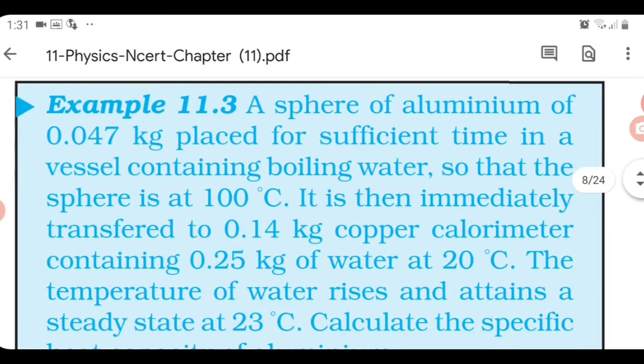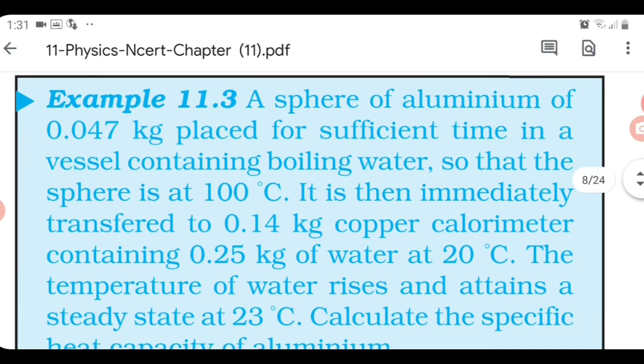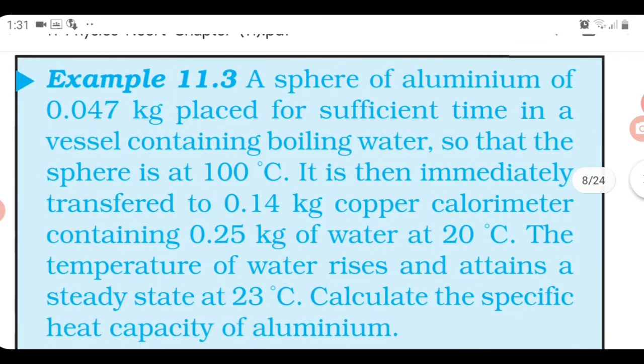So in this question, it's given that the sphere of aluminium is kept in boiling water, so that when we take it from that boiling water, its temperature is 100 degrees Celsius. So the aluminium sphere is at 100 degrees Celsius initially. Its mass also is given. And it is transferred to a 0.14 kilogram copper calorimeter containing water at 20 degrees Celsius. So initially water is at 20 degrees Celsius, so the copper calorimeter also will be at 20 degrees Celsius.